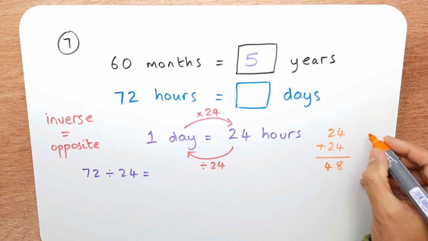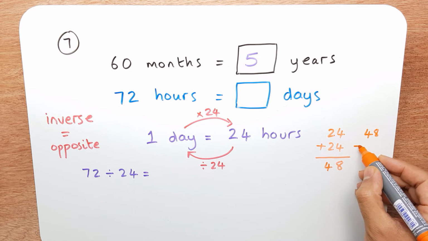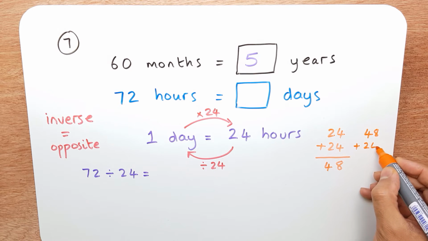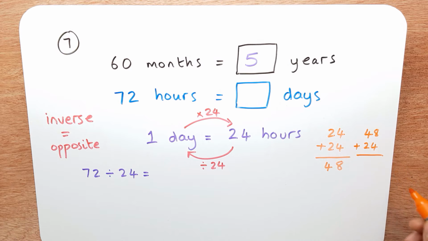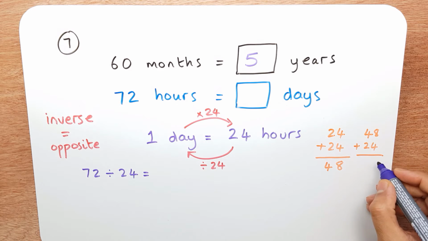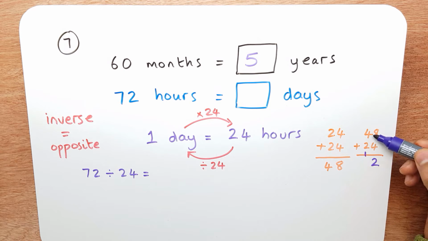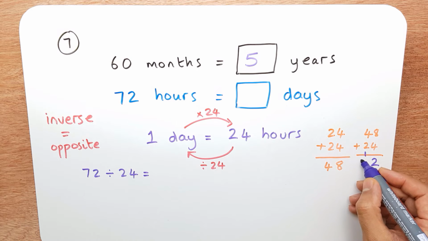So let me do that again. So 48 add 24. 8 add 4 is 12. So I put the 2 down and I carry the 1 over to the next column. 4 add 2 is 6 plus the 1 is 7.